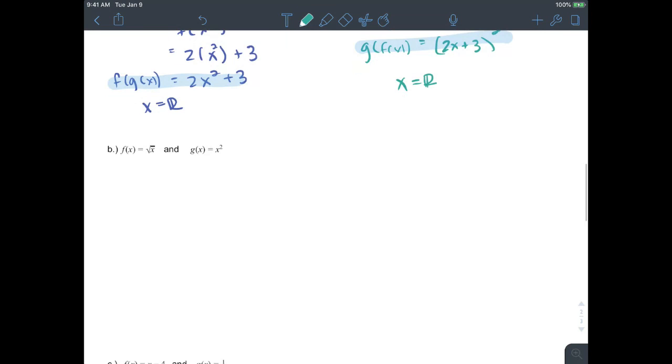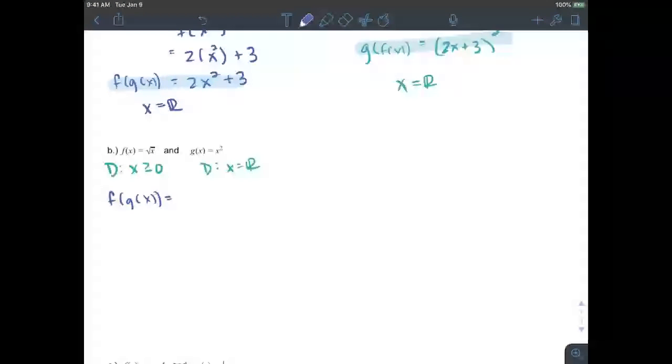We have the domain for the first is x, the inside has to be greater than or equal to 0. The domain for the second is x is equal to all real numbers. So first we're going to do f of g of x, which is f of x squared, and then f is the square root of x, but inside I'm going to input x squared.